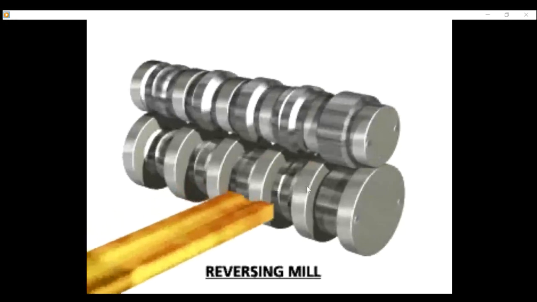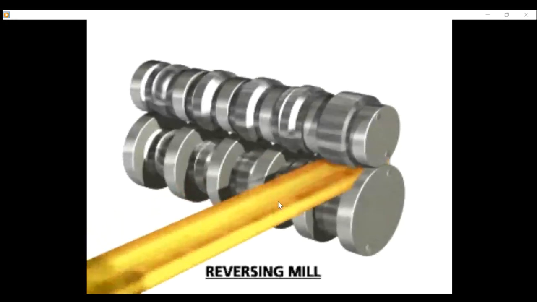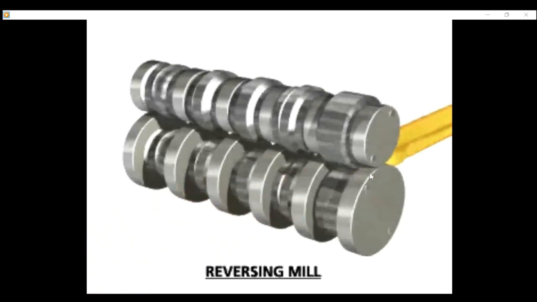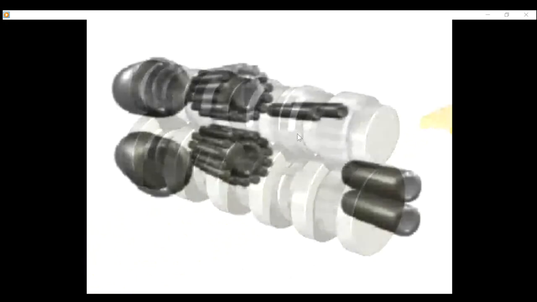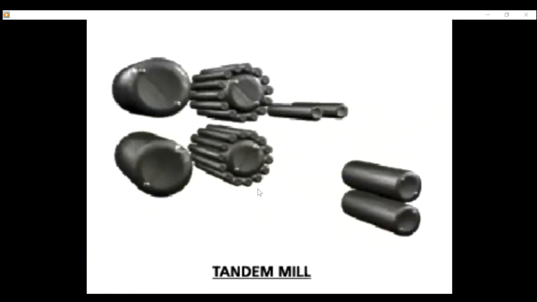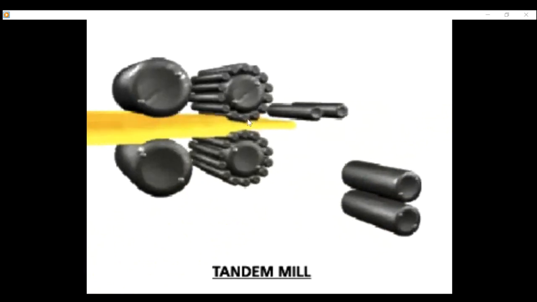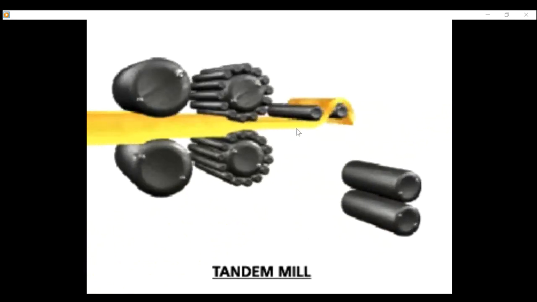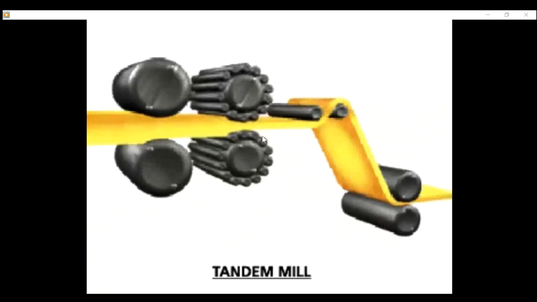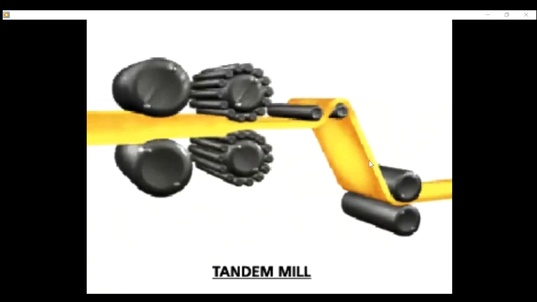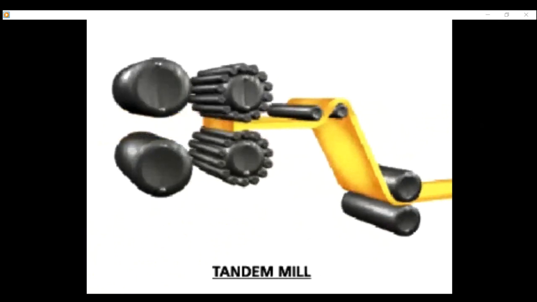You see the shaping: every section does more deformation, and finally the desired shape is obtained in the final stage. Actually, in many cases they don't arrange it this way; they put rollers in parallel, not just in series. This is usually a series of deformations.